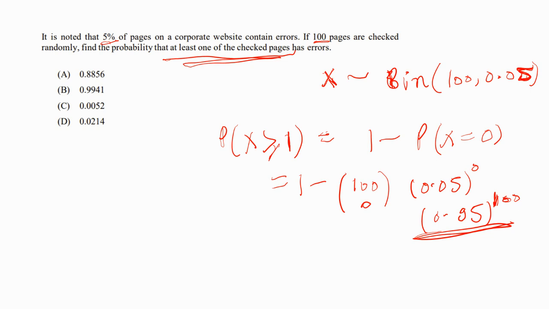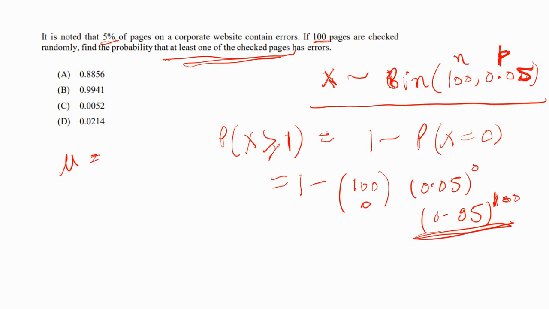This is the question. So this is binomial. This is n. Now what we know here is that the mean mu is np for binomial and sigma squared is npq.